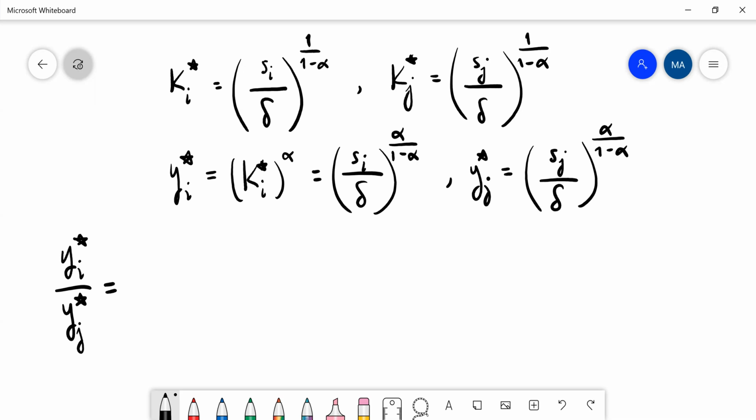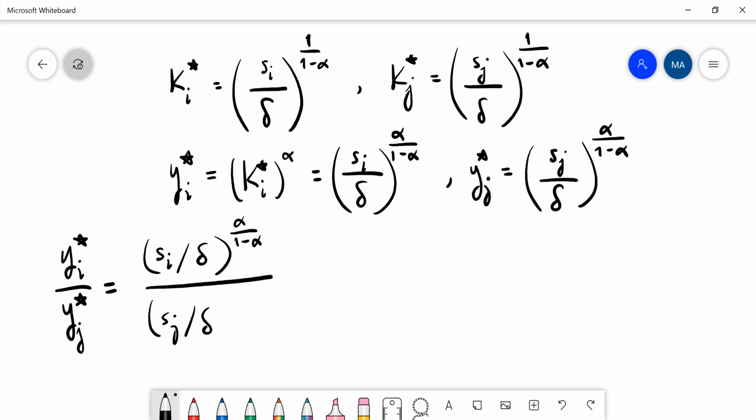So if you write this, what do you have? Well, as (s_i/δ)^(α/(1−α)), you have here (s_j/δ)^(α/(1−α)). So what do you have? Well, you have (s_i/s_j)^(α/(1−α)). Okay? Now, isn't that interesting?